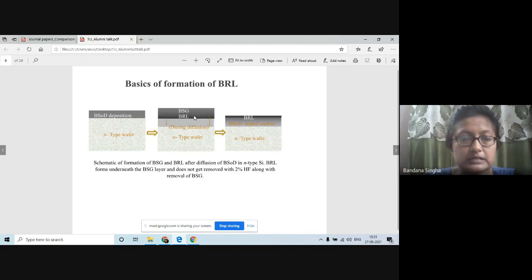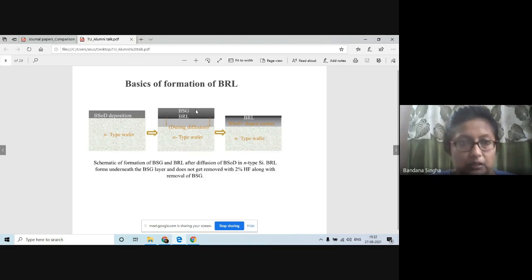These boron rich layers are insulating layers, and if such layers are present on the emitter surface, then emitter behavior will not be shown, and the device will behave as a complete resistor. No generation of current will happen. Depending on the thickness of this boron rich layer, the emitter will behave differently.